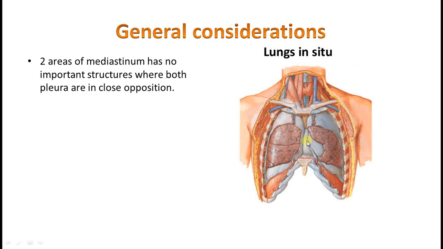The first place, anteriorly, is at the level of the fourth costal cartilage. There the anterior borders of the lungs and the pleura come in close contact with each other, so the mediastinum is reduced very much.